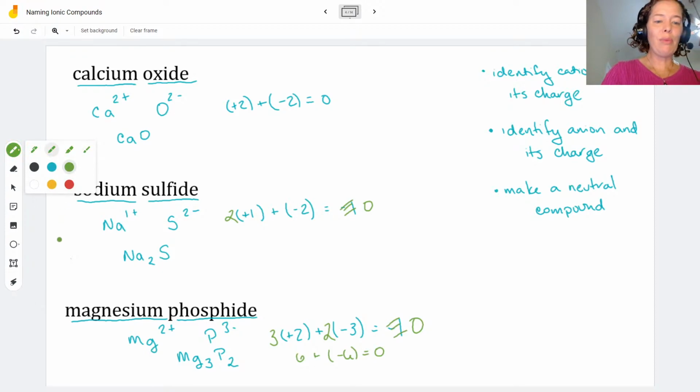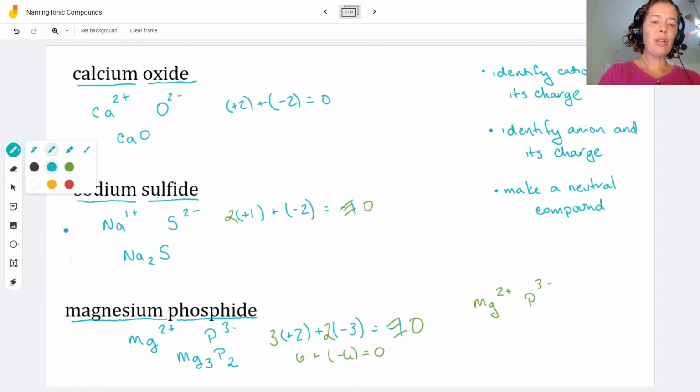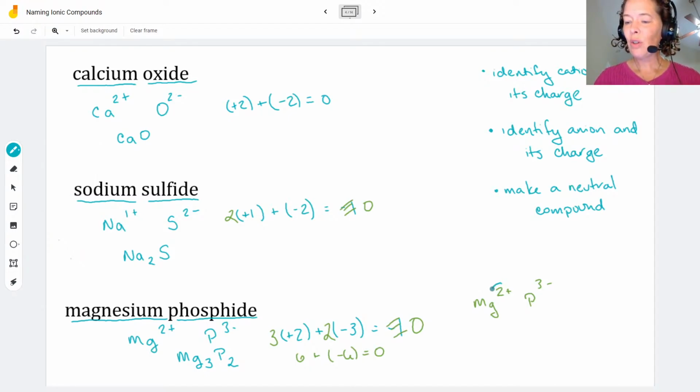So let me rewrite this magnesium phosphide just as its ions again. So we have magnesium with its charge of +2 and phosphorus with its charge of -3. And crisscross means that I'm going to take not the sign of the charge, but just the number, and I'm going to cross it. So this 2 is going to come down to the phosphorus, and this 3 is going to come down to the magnesium.